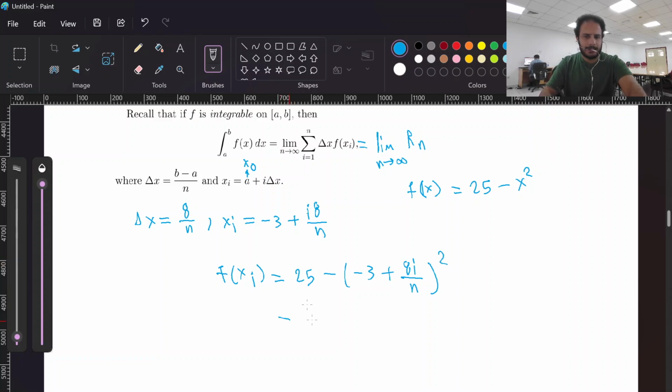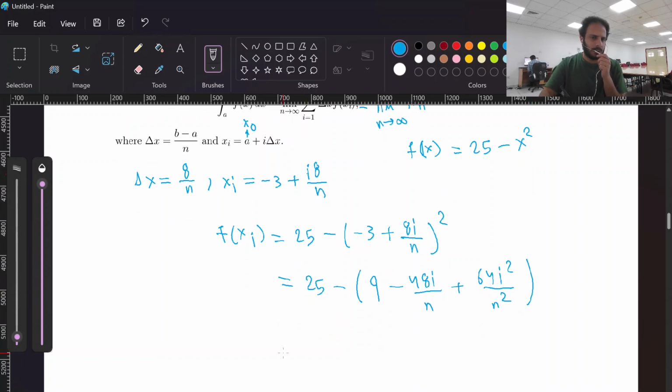Then you get 25 minus parentheses: first squared is 9, then plus 2 times first times second, so minus 48i over n, then plus second squared, 64i squared over n squared.